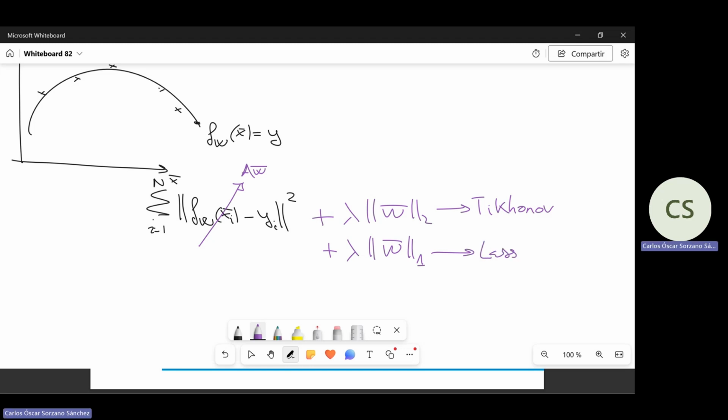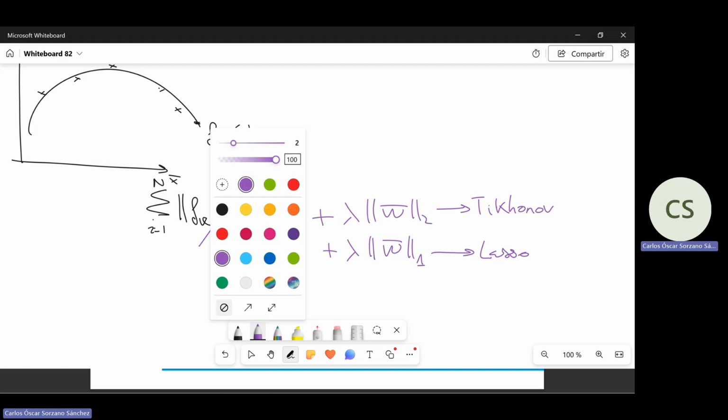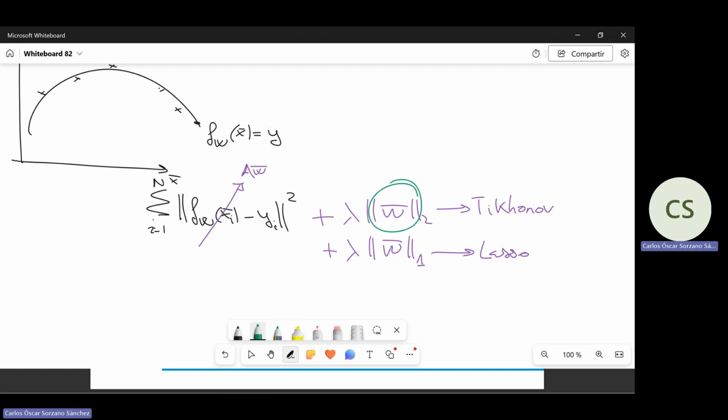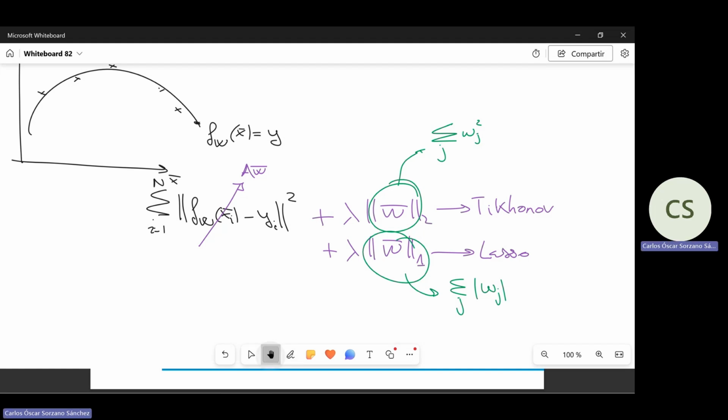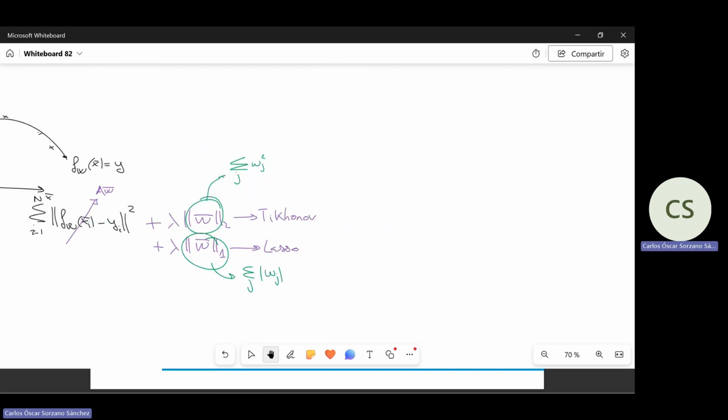The last one is, so the whole problem is larger. And the difference is this thing. So this norm here is the sum of all the weights squared. This one here is the sum of all the weights in absolute value. So if you think of how do the different regions look like?